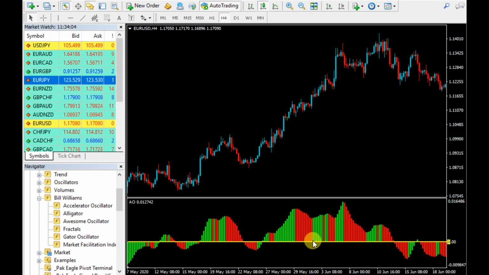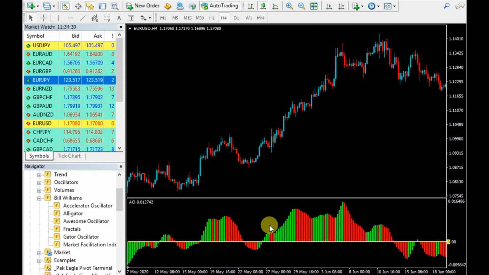Now over here we see there's a yellow line, okay, and this says 0. So guys, it's a very simple logic. Anything which goes below the yellow line, that means we go short. Anything which goes above the yellow line, which means green, that means we go long, we go buy. Now there are small red bars, red lines over here.